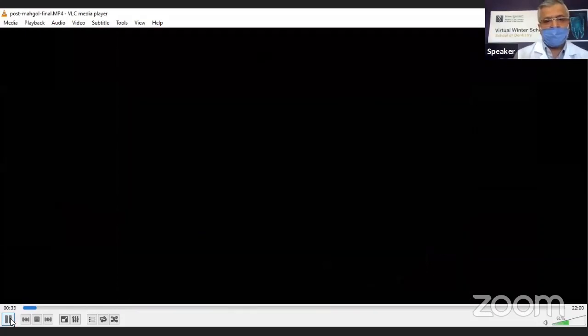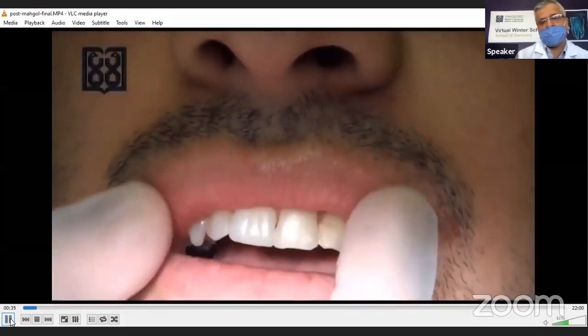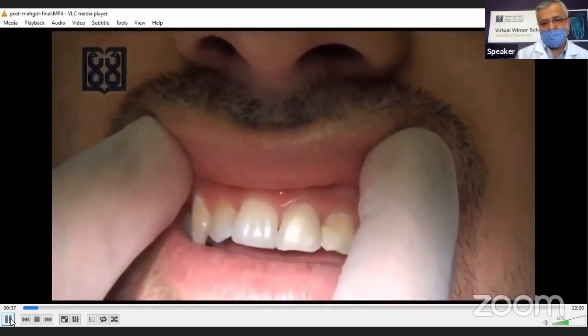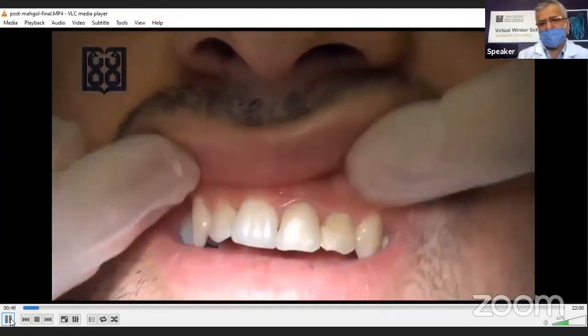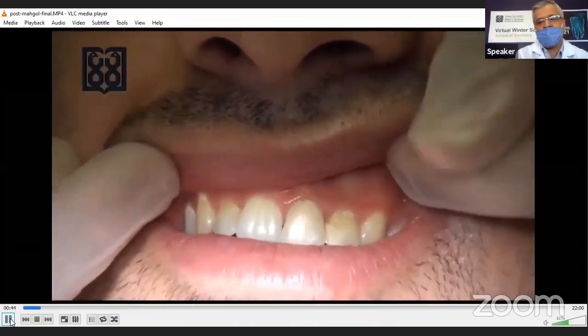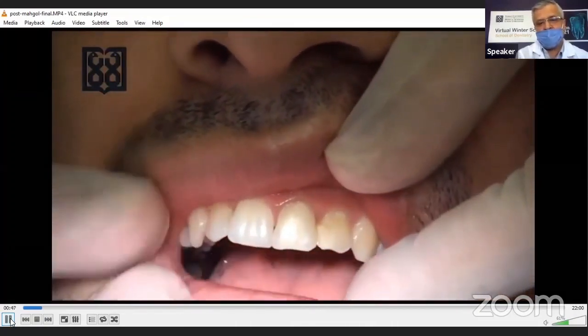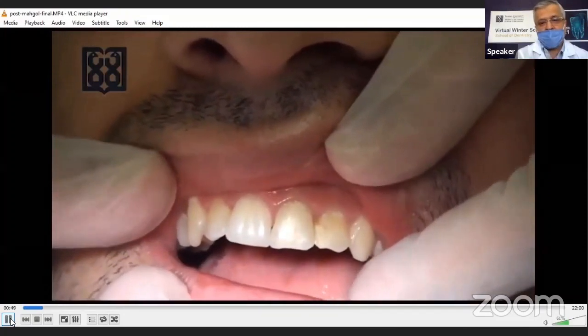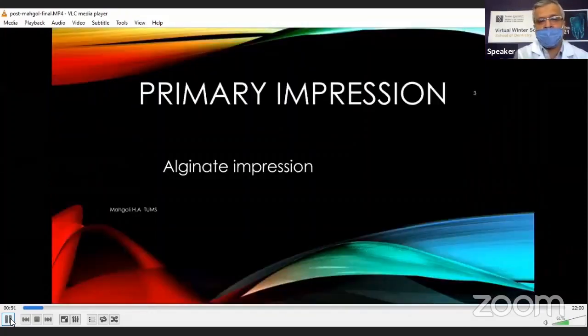In this case, I treat the maxillary central incisor with post and core because a large composite filling was present in the central and lateral incisor, and there is a high risk of coronal fracture. To start treatment, you must take a primary alginate impression to produce a primary cast.